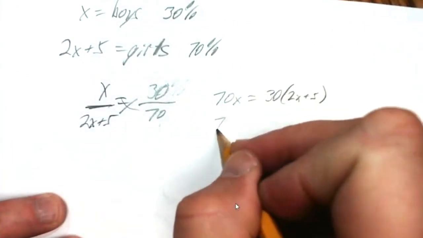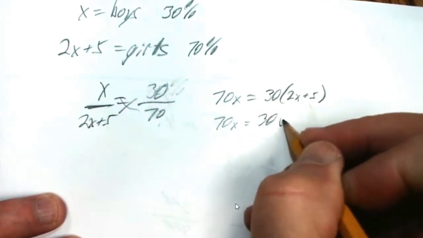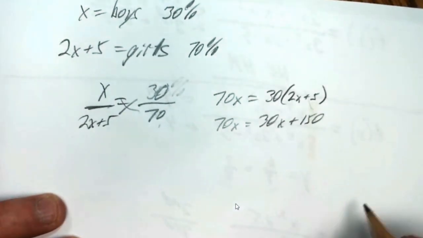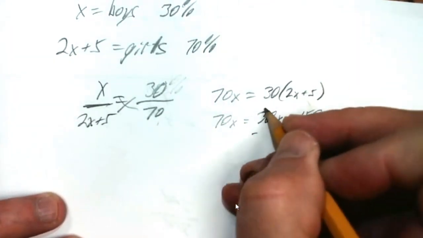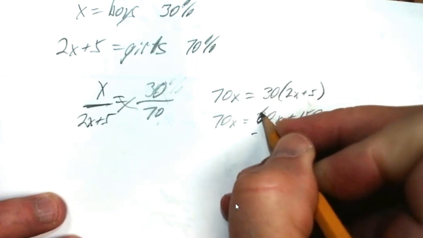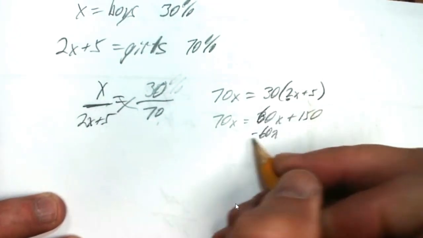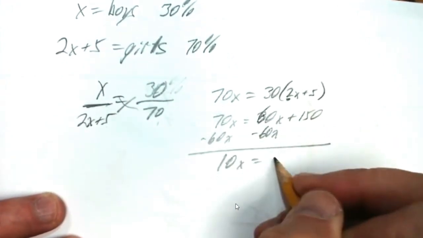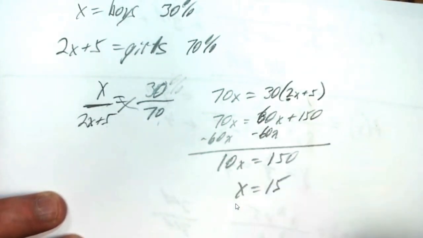So 70X equals, let's distribute that, 30X plus 150. Oh, that's 60. I did that wrong. 30 times 2. There's a 2 there. 60X. Subtract 60X. So 10X equals 150. So X equals 15.